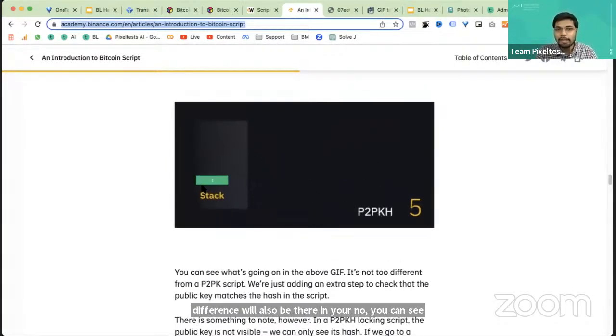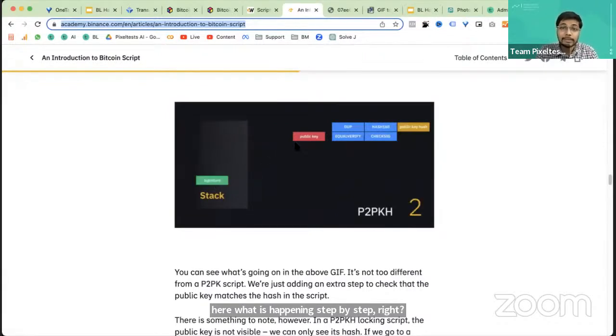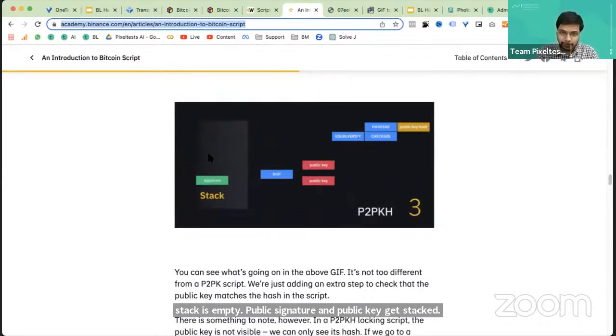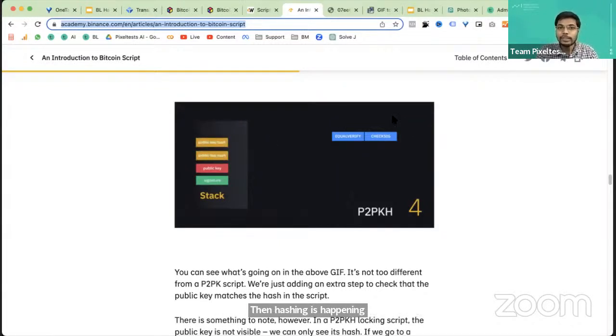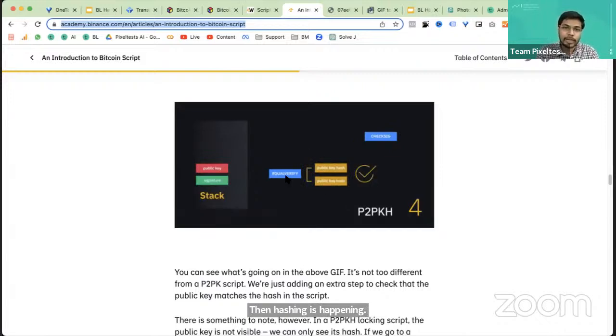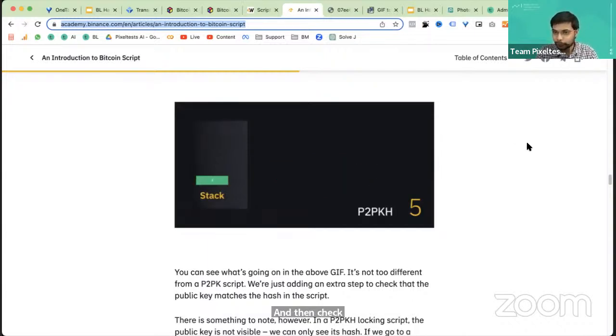The stack is empty, the signature and public key get stacked. Then each of the operations happens: duplication, then hashing. Then the public key hash that got generated and the one that came with the input are equal verified. And then checksig checks the public key and the signature.